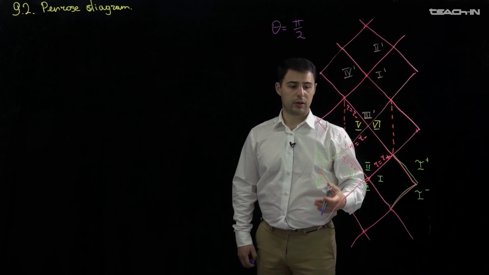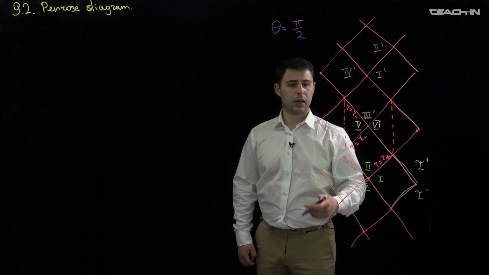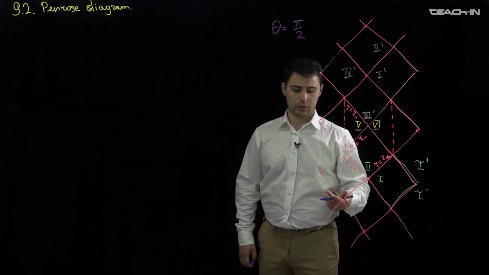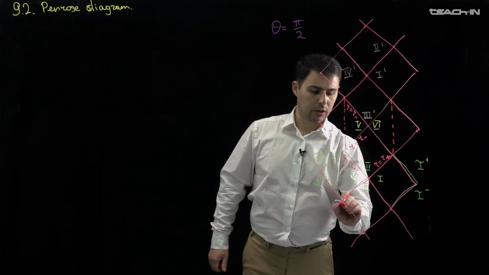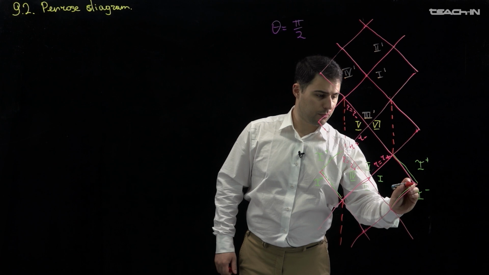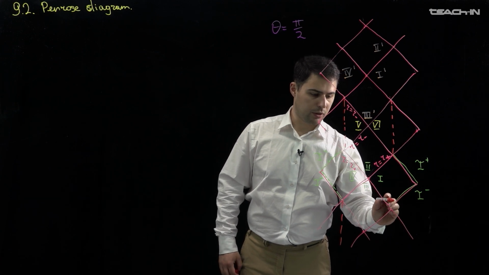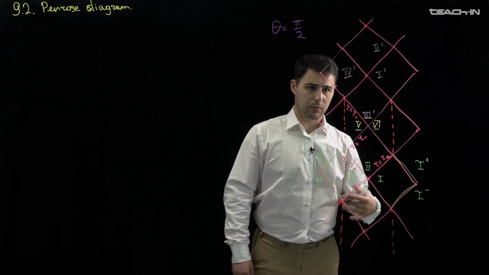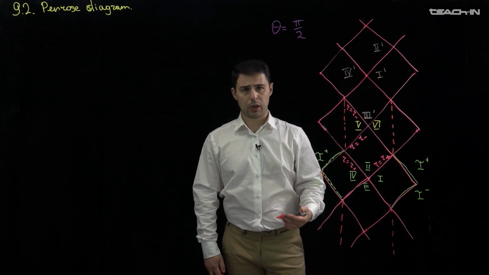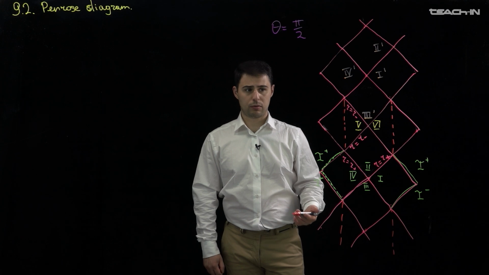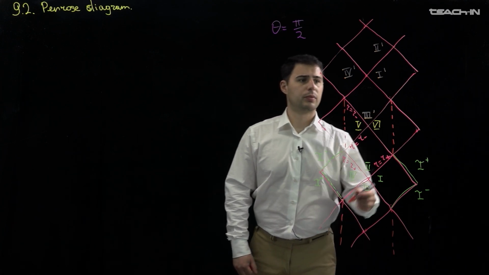This diagram can be extended forever. The difference is the structure of the singularities, which now, instead of being points at the center of the space-time, are just rings, and they can be avoided.